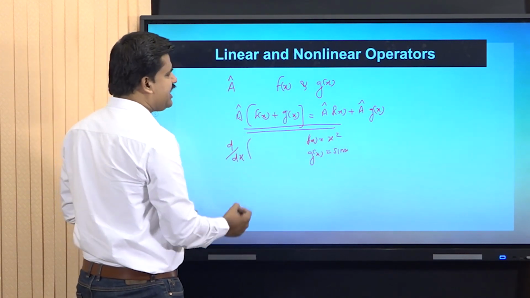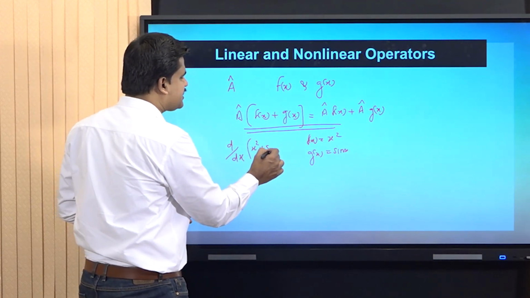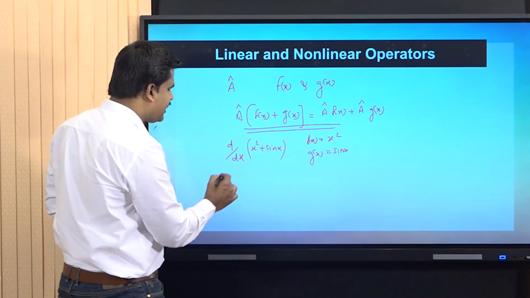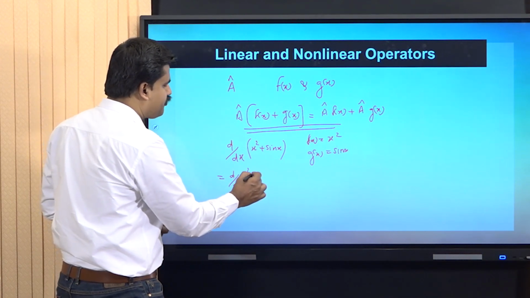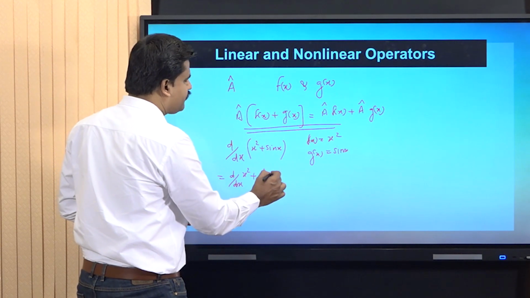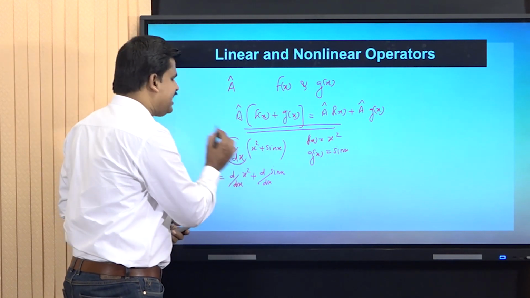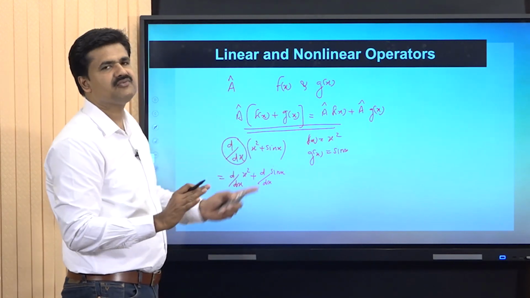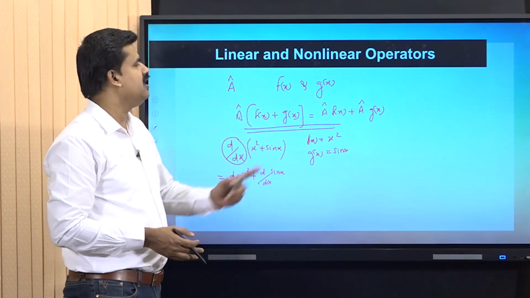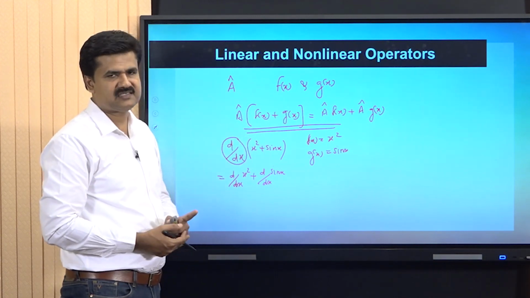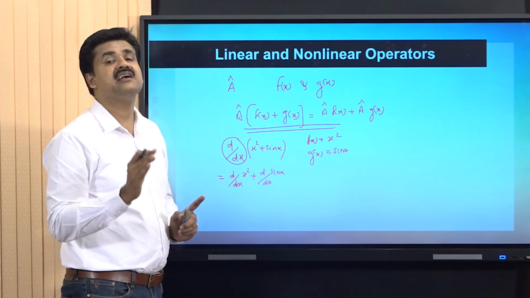Then d by dx of f of x plus g of x, that is d by dx of x square plus sin x, is clearly d by dx of x square plus d by dx of sin x. That means the operator d by dx satisfies the condition for linearity, that is A hat of f of x plus g of x equals A hat f of x plus A hat g of x. So, the differential operator d by dx is a linear operator.